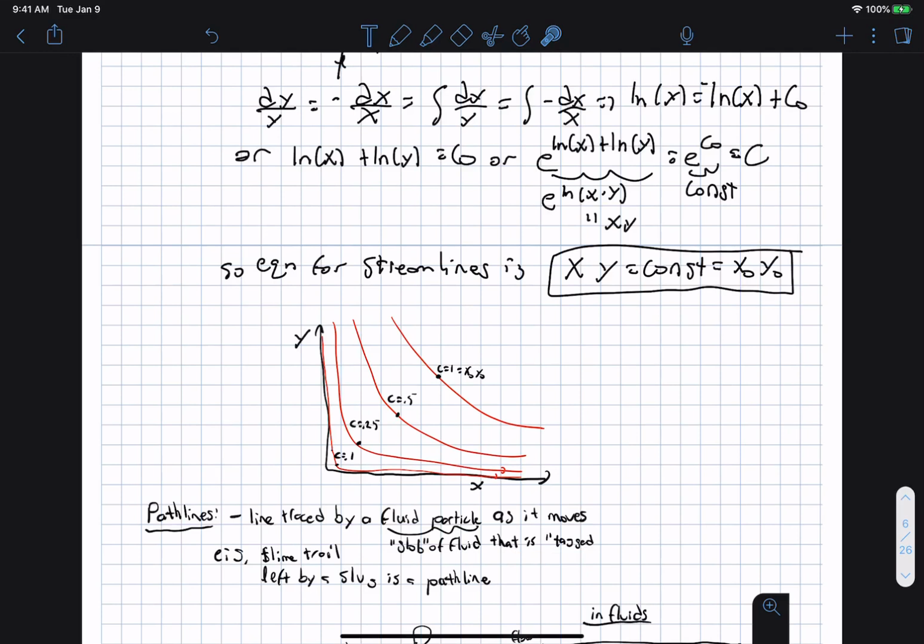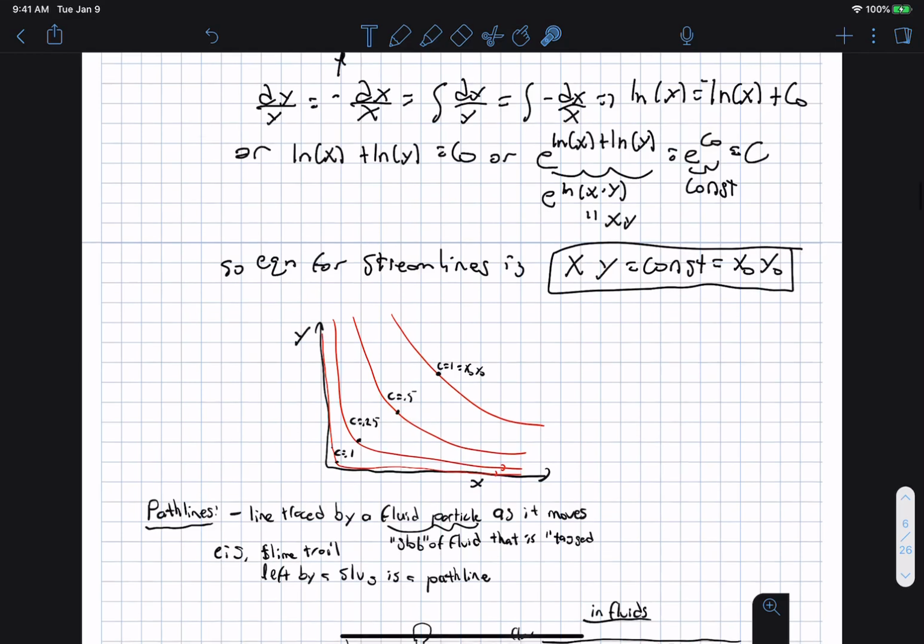It isn't an actual particle in the flow, but it's a glob of fluid that we're going to tag and follow around, and later on we'll conserve things. But for right now, we're just going to follow it around. If we follow a chunk of fluid as it is moving around and track its path, that is what a path line is.